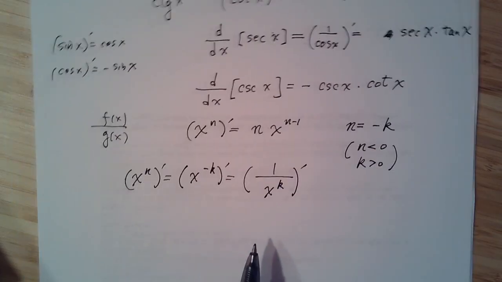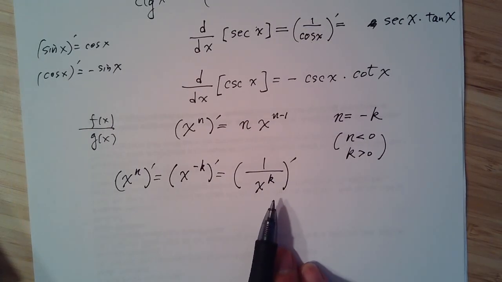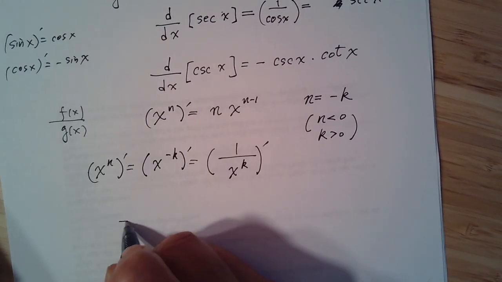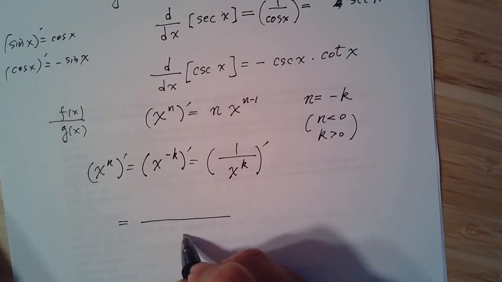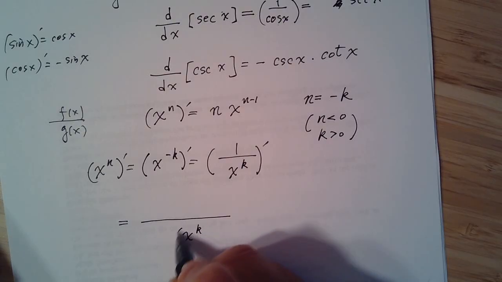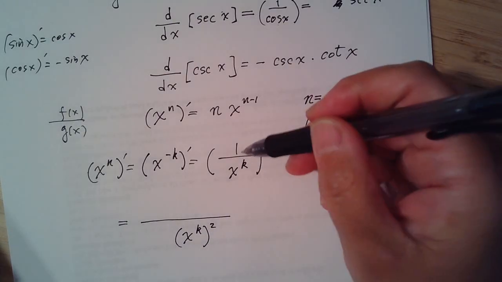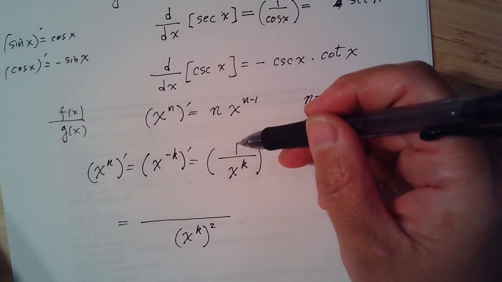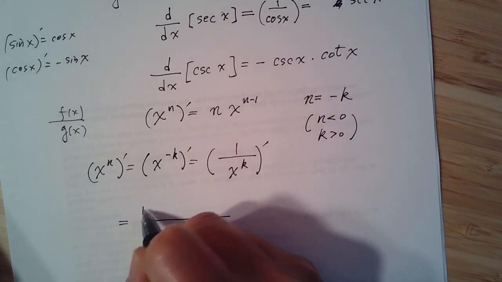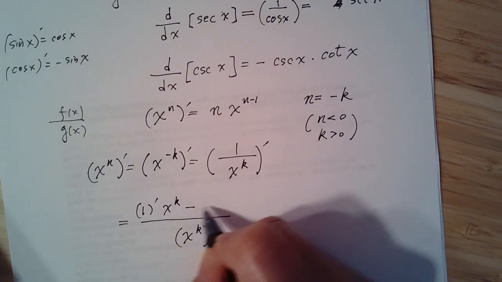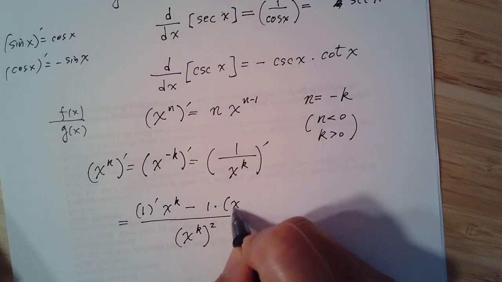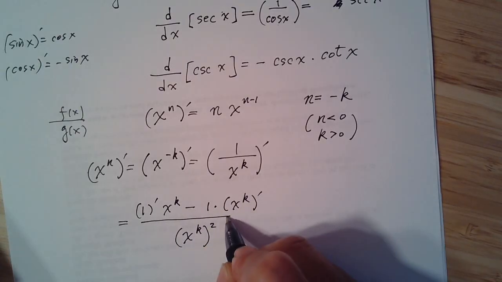And this is a good thing because we have k as the positive power. Then by the quotient rule, we get the denominator squared, which is x to the k squared. And the numerator: 1 prime, the derivative of 1, should be 0. So it's 0 times x to the k, minus 1 times the derivative of x to the k.